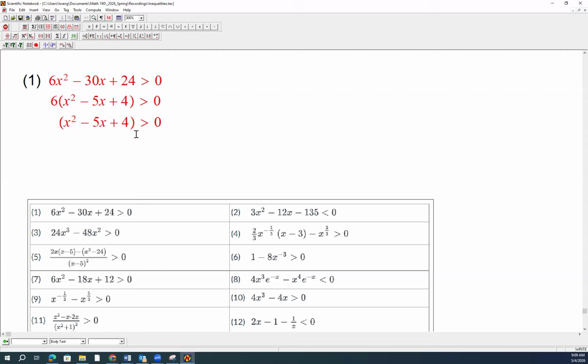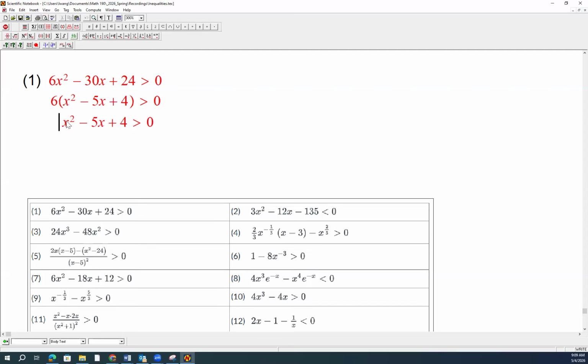The narrative on this step is: if a positive number 6 times a bologna is positive, then I'm certain the bologna must be positive.